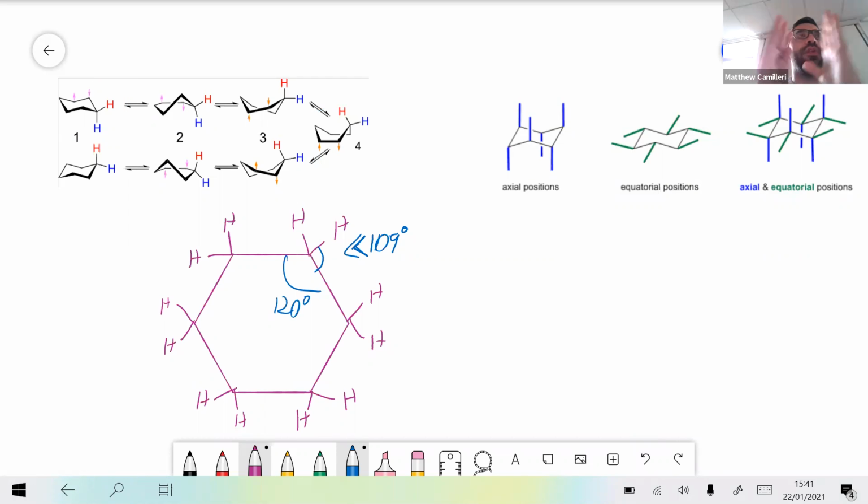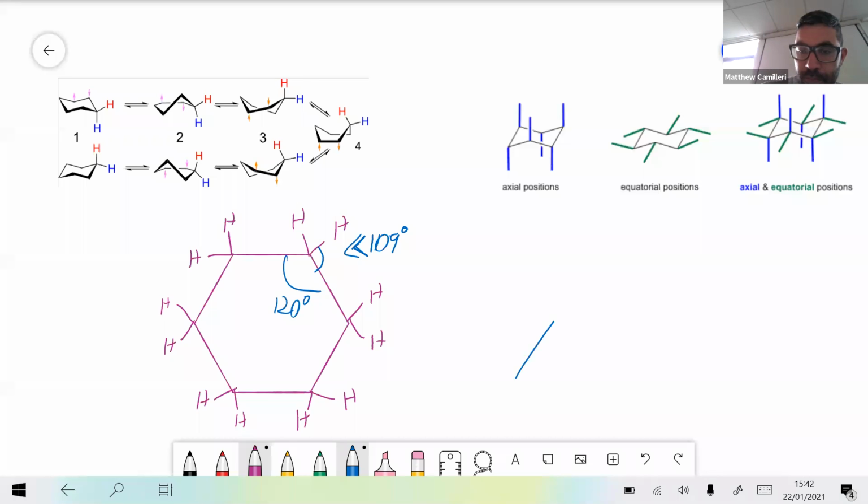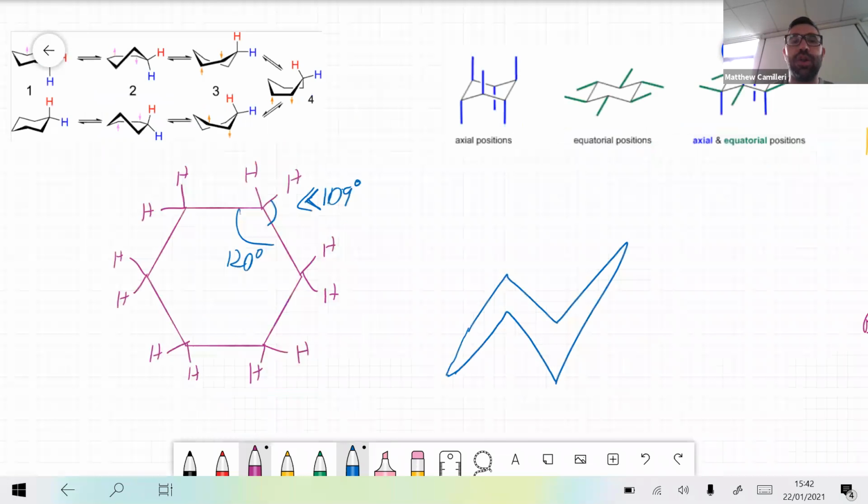Now, I'm not too interested in asking you to know how to draw the change in conformation from one side of the chair to the other. So the chair can either be like that, okay, or it can be on the opposite side.